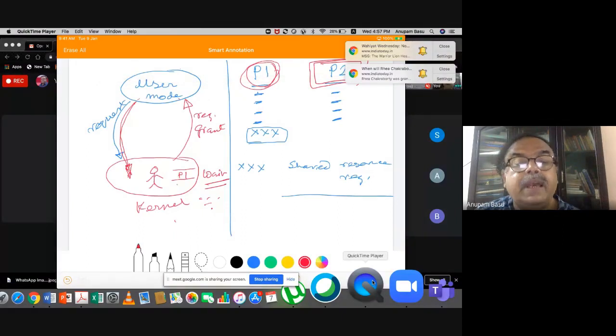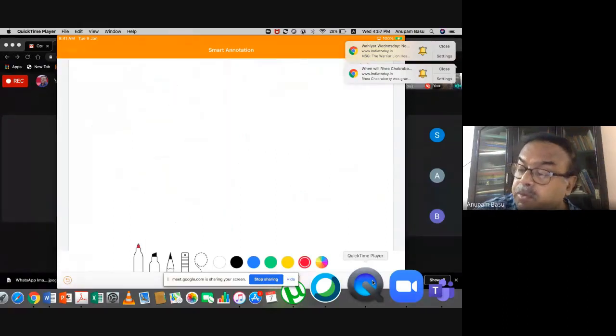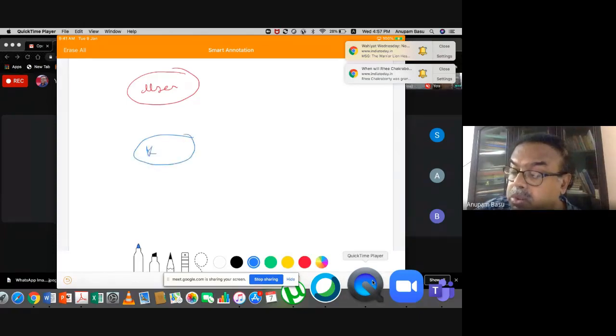So whenever there is a request for a shared resource access, then we, meaning the operating system, will have to move from the user mode to the kernel mode, and that will be through a request, and that request is nothing but a system call.